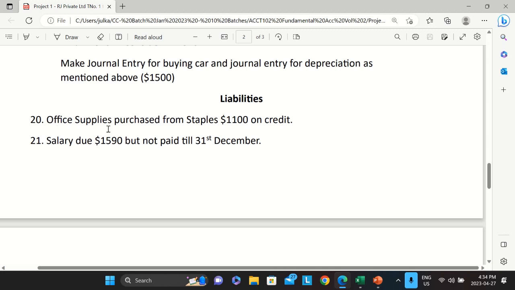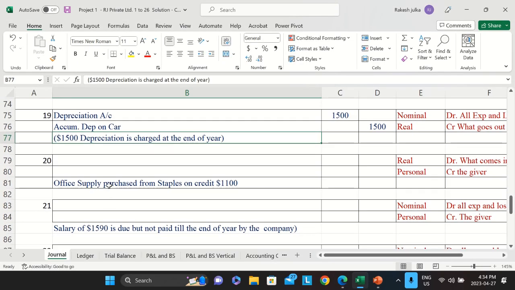The 20th transaction is office supplies purchased from the Staple, $1100, on credit. It means a payment is still not made. This is also one of the current liabilities among the transactions that we will do. So office supplies account debit to account payable Staple. In this case, I'm just going to write office supplies account debit here.